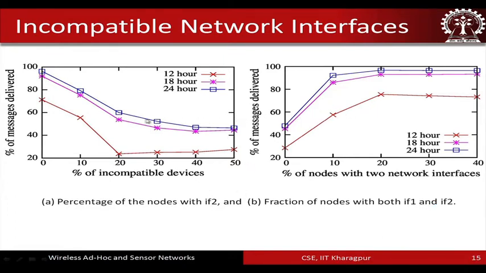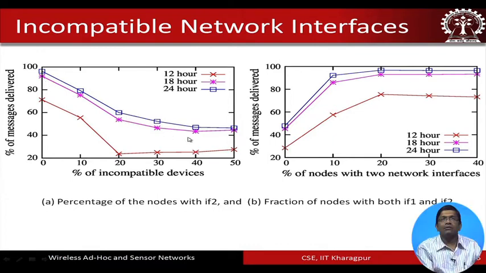On the other hand, if it is not used, then as the percentage of incompatible devices increases, the percentage of messages delivered decreases. So the use of PTUs increases the chances of message delivery.